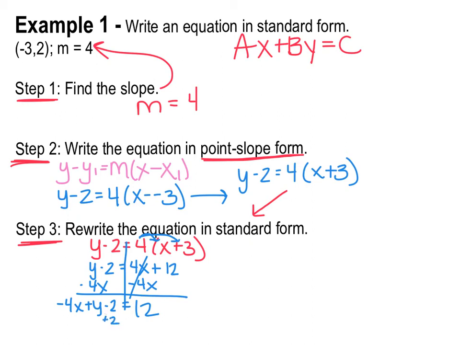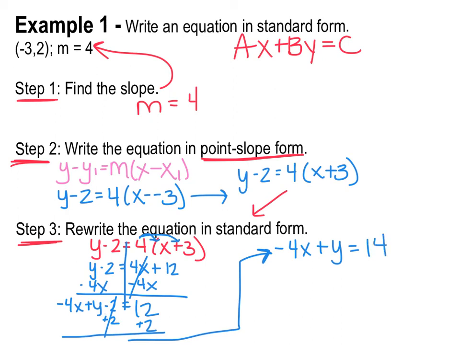I have to get rid of this 2 here. So I'm going to add 2 on both sides, and I'm running out of room, so I'm going to continue it over here. I end up with negative 4x plus 1y, negative 2 plus 2 is 0, equals 12 plus 2 is 14.